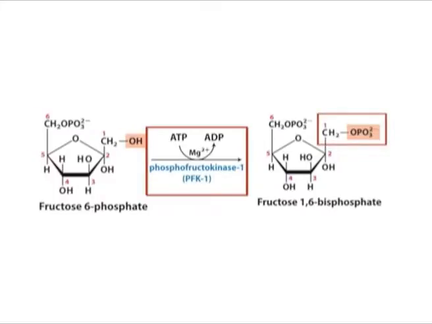A second molecule of ATP provides the phosphate group that is added onto the F6P molecule. Similar to the first step, Mg2+ acts as a cofactor and helps shield negative charges.